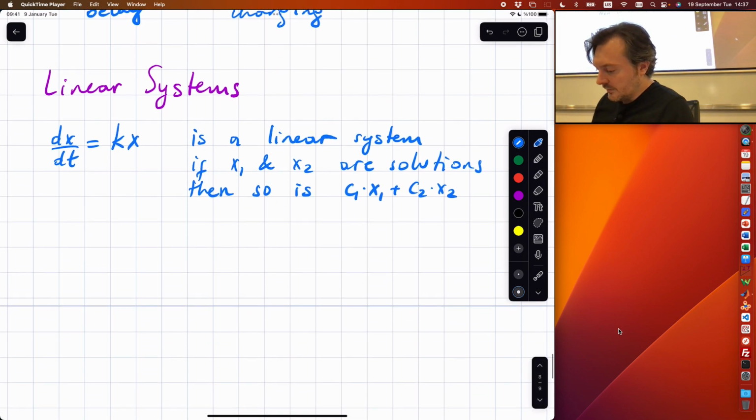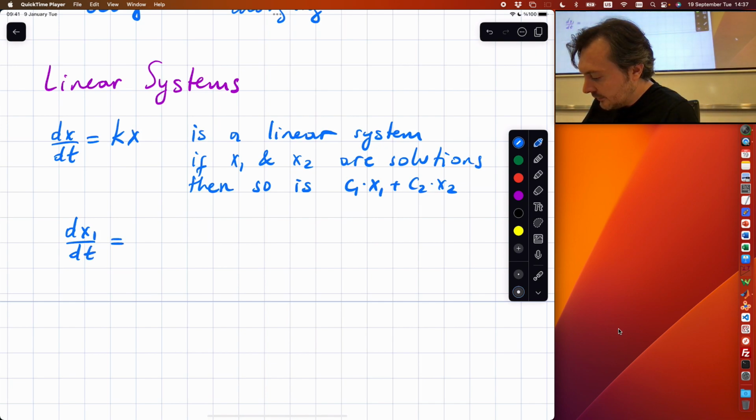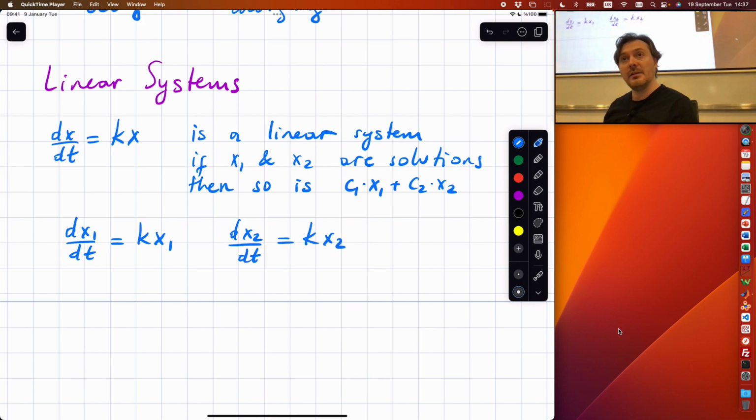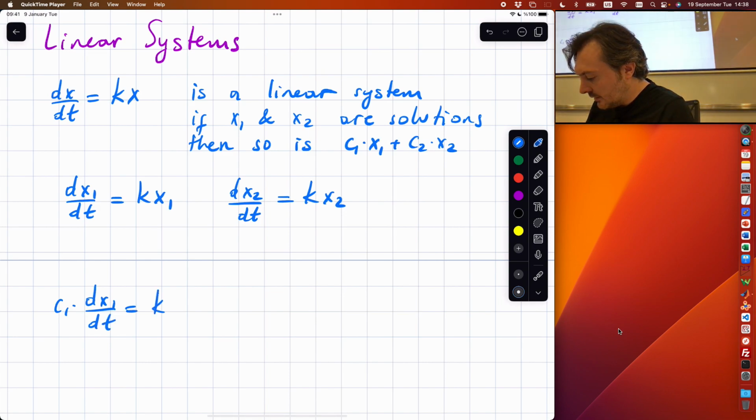And we can show this. So what it implies is that we already have this and we already have this. Okay? Do you agree? Now let's multiply the first equation with C1. So you get C1 times dx1 over dt equals K times C1 times x1.